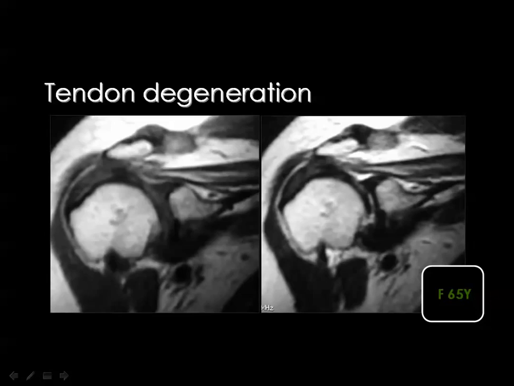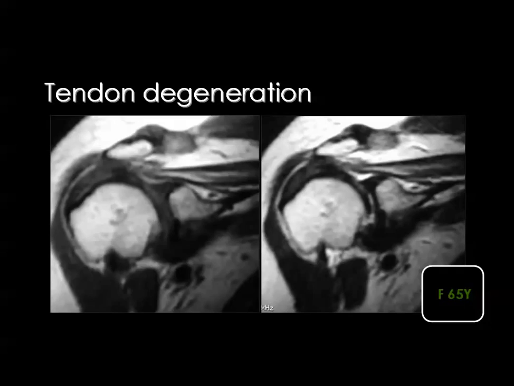And here also you can see some osteoarthritic changes in the acromioclavicular joint with intermediate signal within the tendon and also intermediate signal within the tendon in the T2 weighted image, denoting tendinopathy and tendon degeneration.